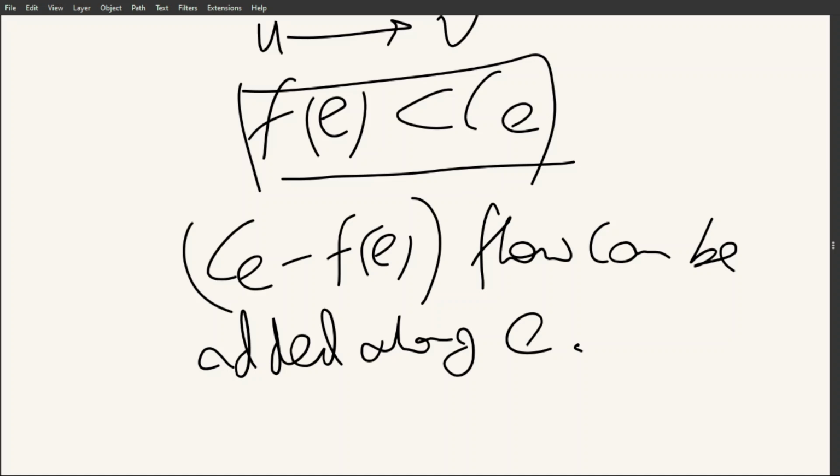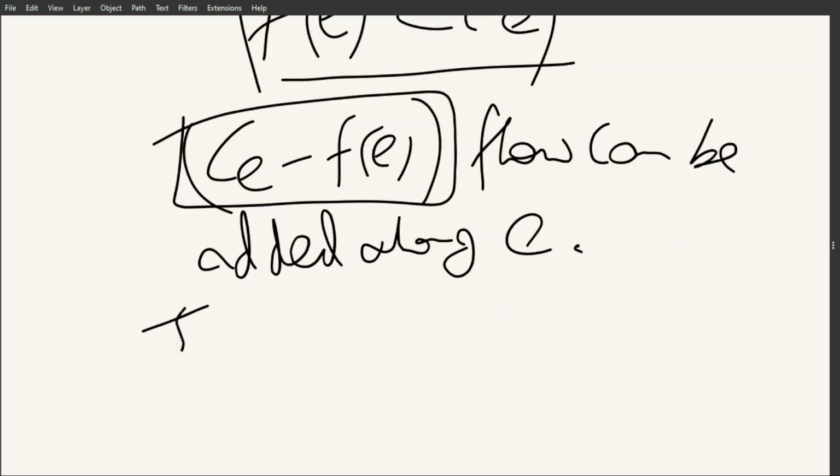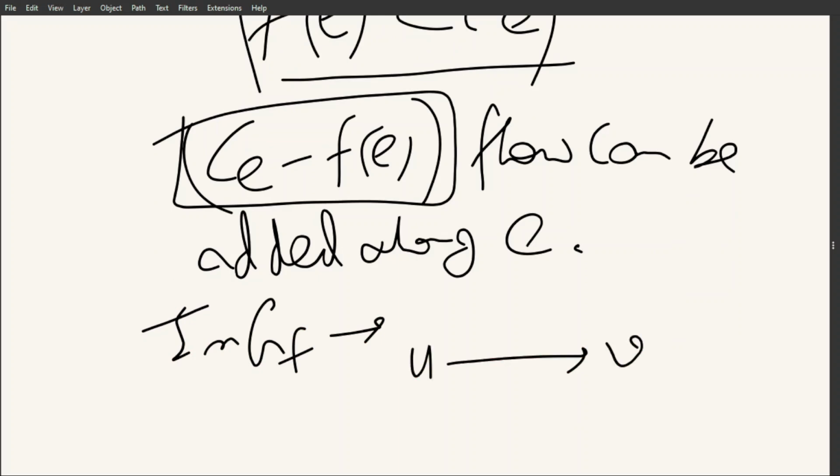So what we do is we make a forward edge with this weight. In GF, we have the same edge U to V with weight CE minus FE.